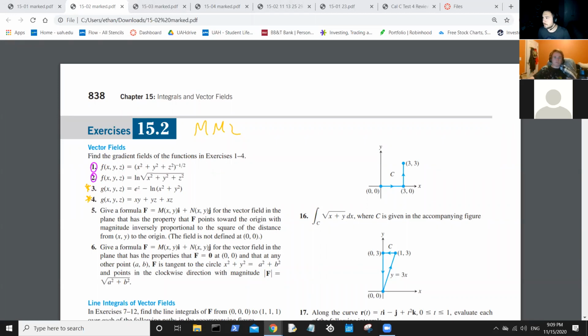All right. So we're doing number 2, and we're trying to find the gradient fields of the function.